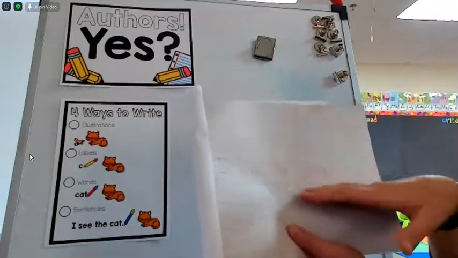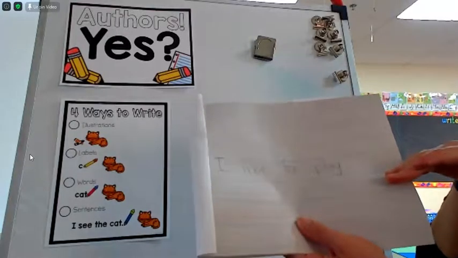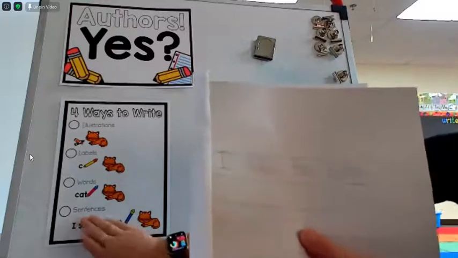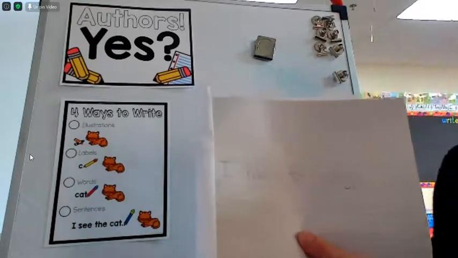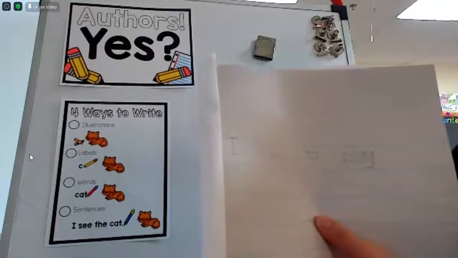I can add words, which I've started to, but it looks like I need to finish what I'm talking about. I just said I like to play, but I need to add some more details to that. And some sentences. So if I were to finish this off and put a period, or maybe an exclamation point, I would be able to tell the story a lot better.